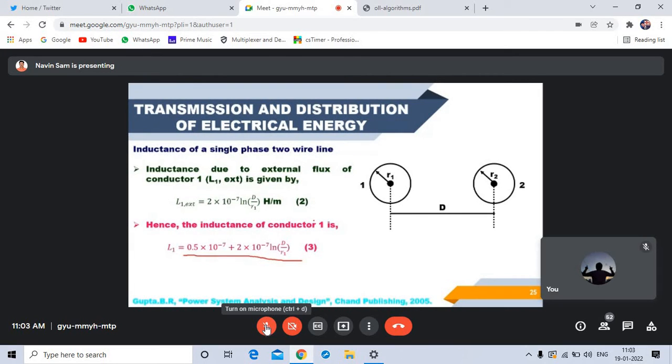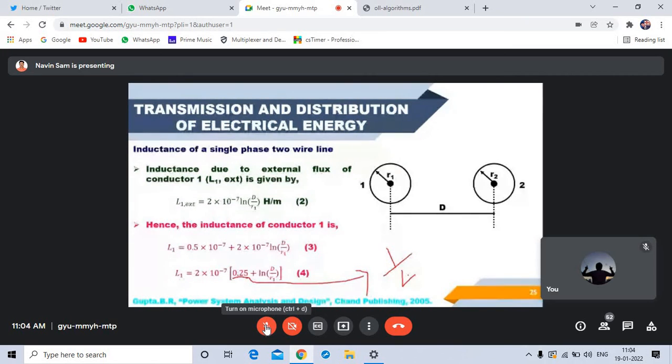If you are taking 2 into 10 to the power of minus 7 as a common term, you will get a resultant like this. Just to verify your answer. So now, again for mathematical simplicity, 0.25 can be written as 1 by 4.